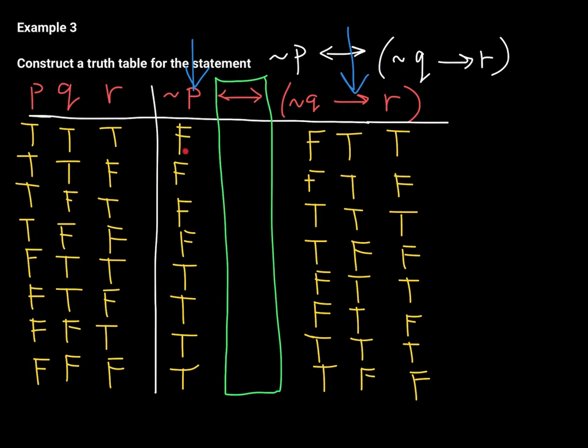All right. False, true. Then that's false. False, true. Again, false. Case 3. False, true. False again. Case 4. False, false. Same truth values. So that one's true.